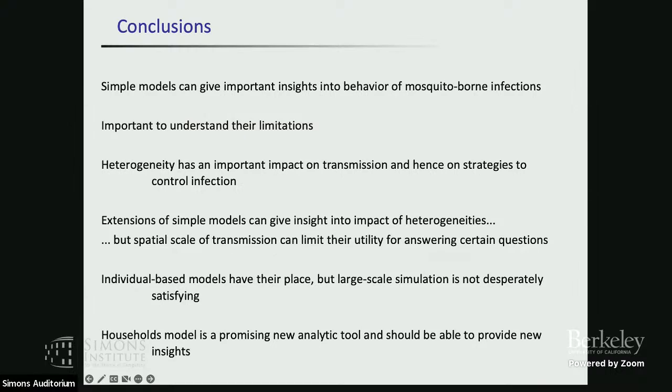As I said, individual-based models have their devotees, but these models aren't the most satisfying to use. I think this households model is a pretty promising new analytic tool, and we're hoping it's going to be able to provide new insights into, for example, the role of human movement on the spread of dengue.